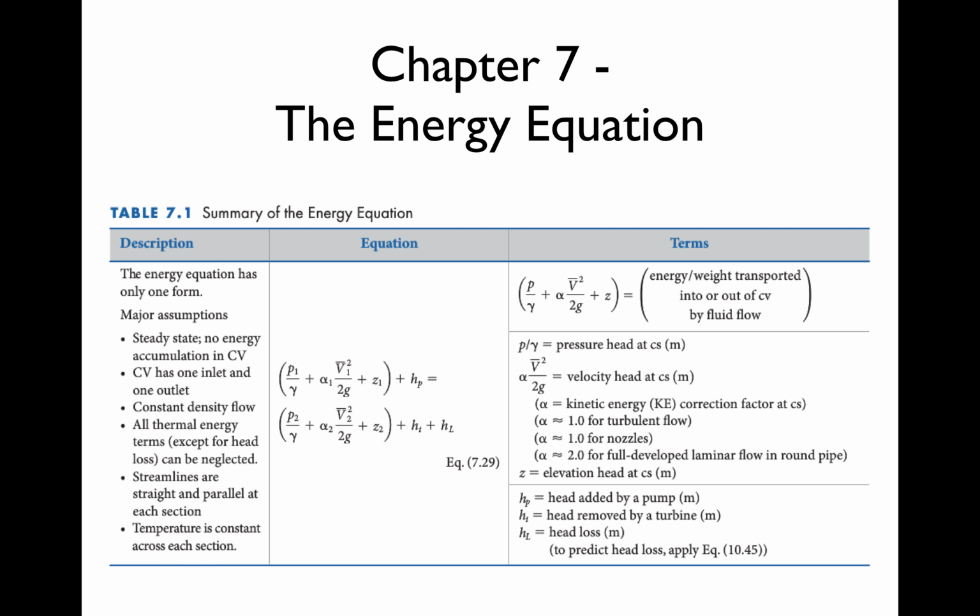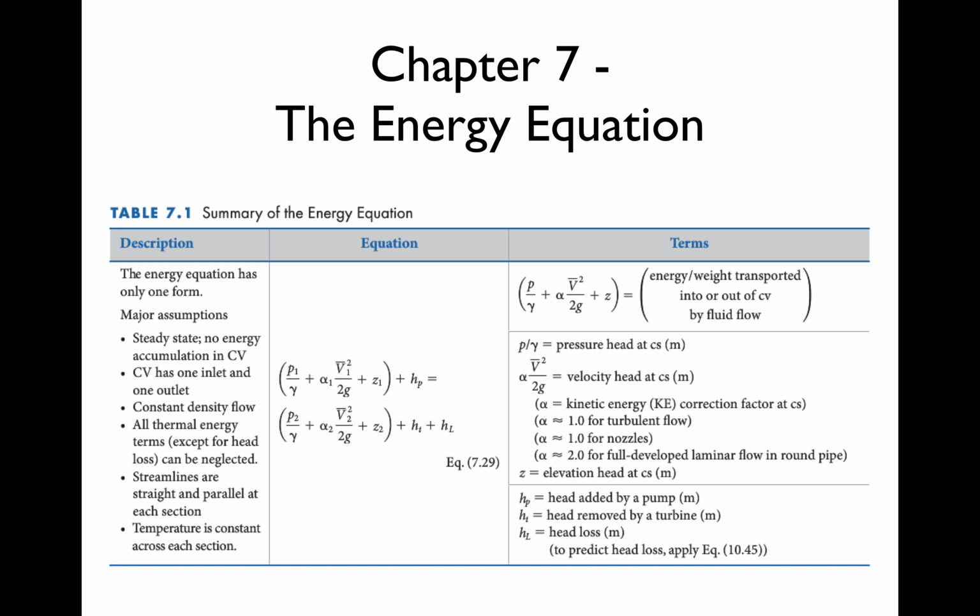You can see the assumptions over here on the left, and as usual, it looks a lot like the Bernoulli equation with some differences. We have these kinetic energy correction factors, these alphas, and the velocities are now average velocities instead of regular speeds.